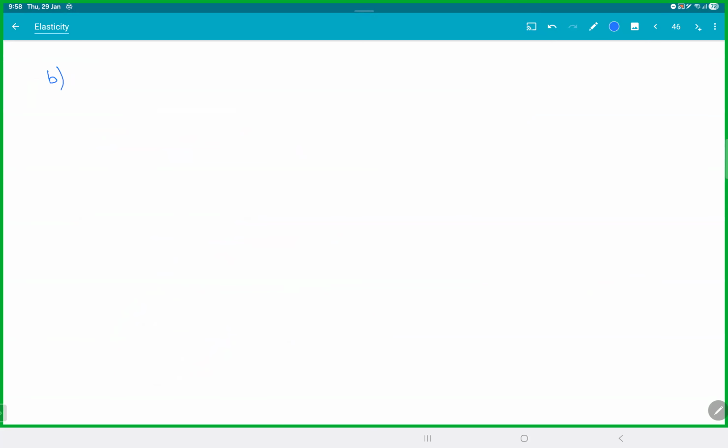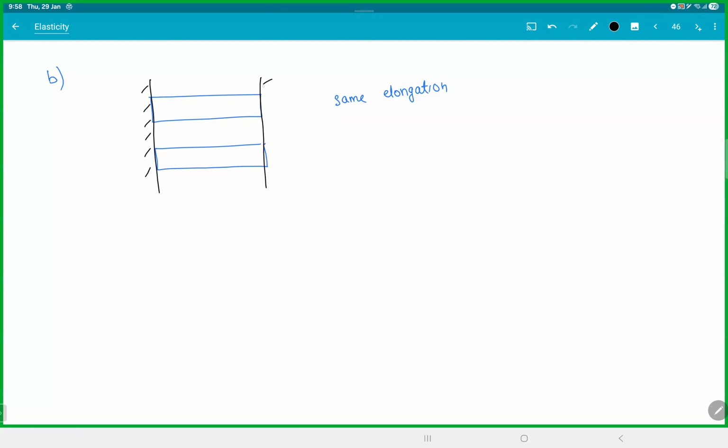Now in the other case, when they're in parallel, they have the same elongation. Generally what happens is you keep them between two walls or two supports. So they're something like this. So when you're pulling them or stretching them, they'll have the same elongation.